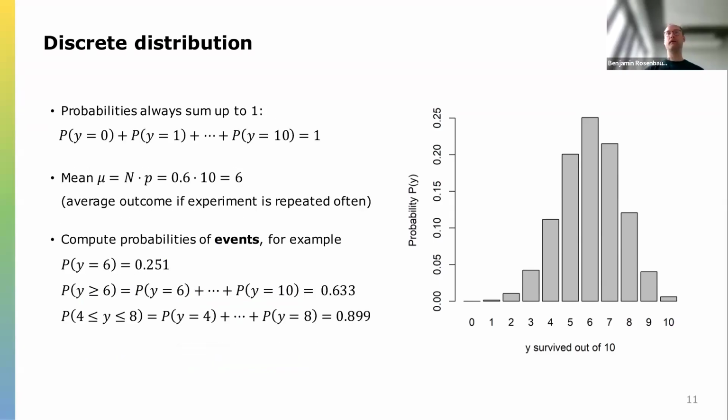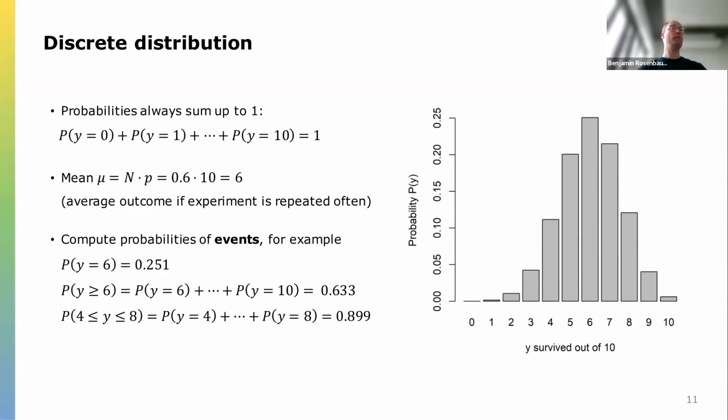There are some properties of these discrete distributions. Here it is that all the probabilities always sum up to 1, or to 100%, right? Because we are 100% sure that the outcome is either 0 or 1 or 2 or 3 and so on, or 10.